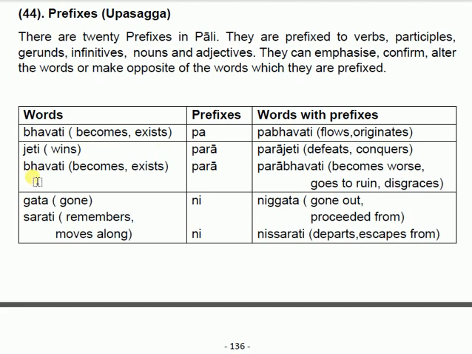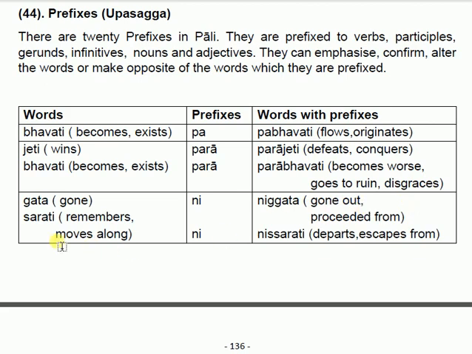Then jeti means wins; with para, parajeti means defeats or conquers. Then bhavati means becomes or exists; with para, parabhavati means becomes worse, goes to ruin or disgraces.